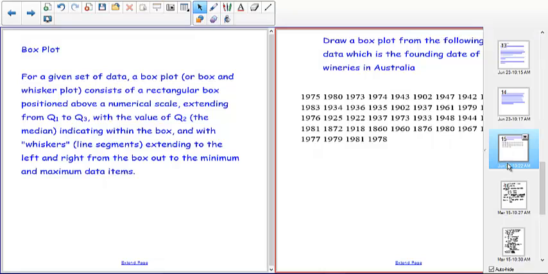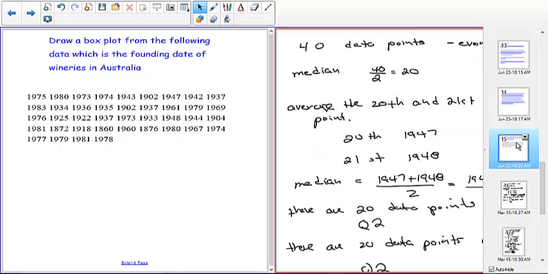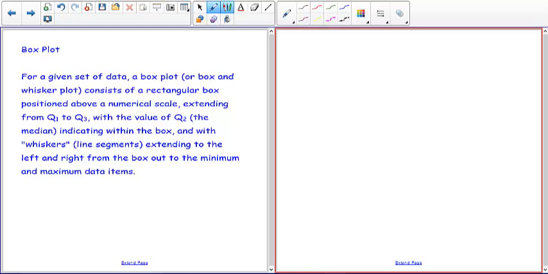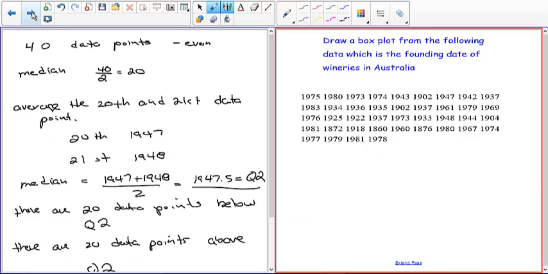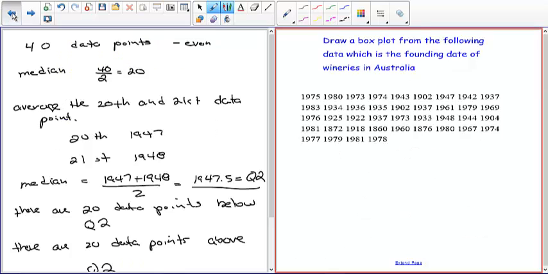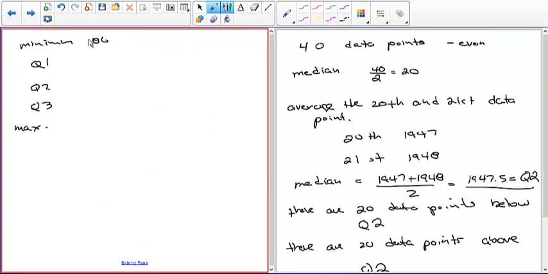So what I'm going to do is put everything on one sheet here so I don't have to keep bouncing back and forth. What I need is the minimum, Q1, Q2, Q3, and the maximum. The minimum was 1860 and the maximum 1983.